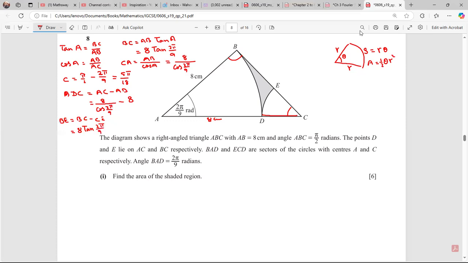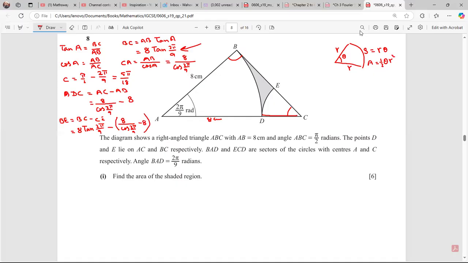Remember, we found it over here, the value of BC minus CE. CE is same as DC, and this is same as 8 over cosine of 2 pi by 9 minus 8. Okay, so this is a bit complicated, but this is BE.